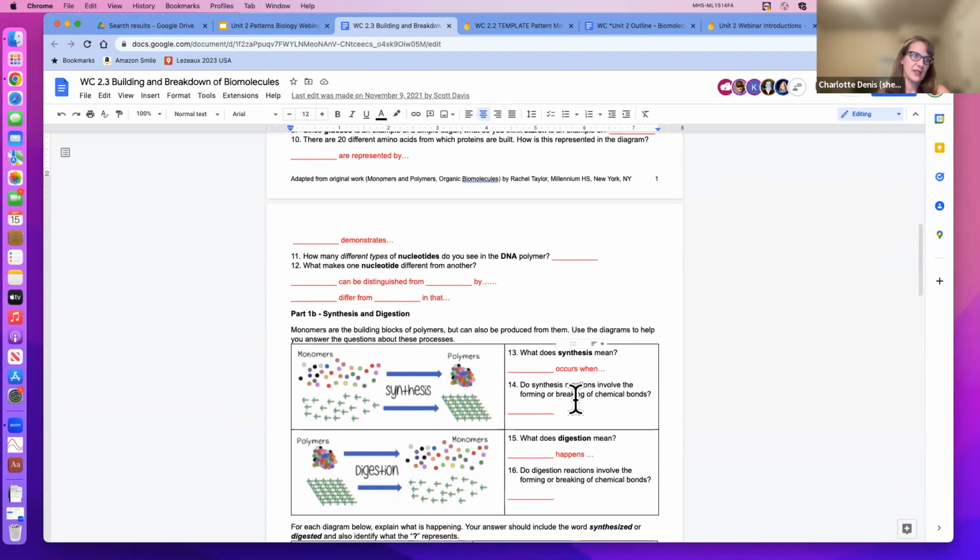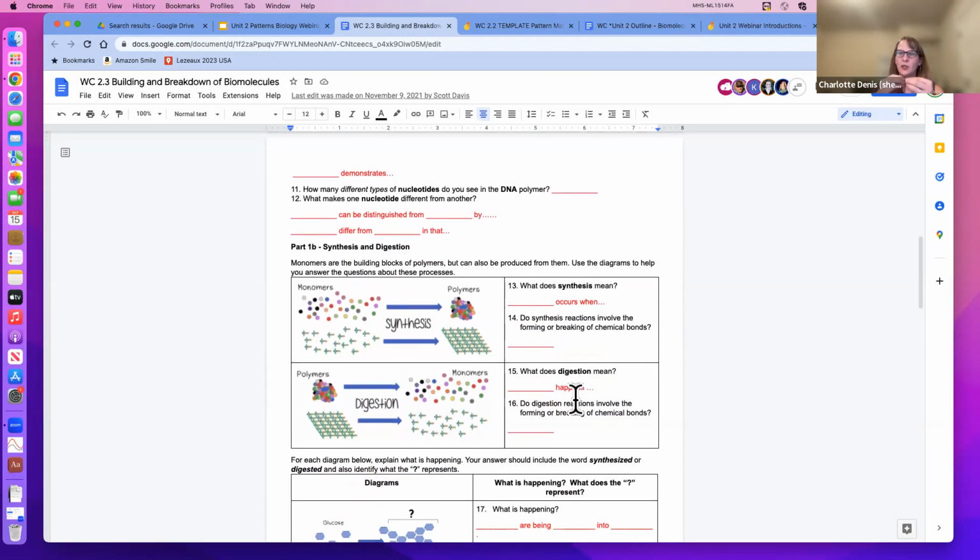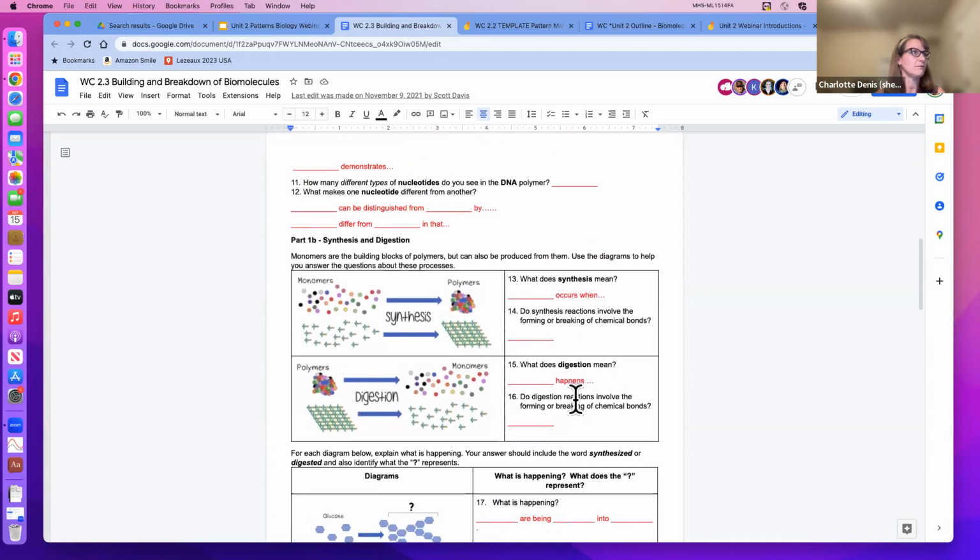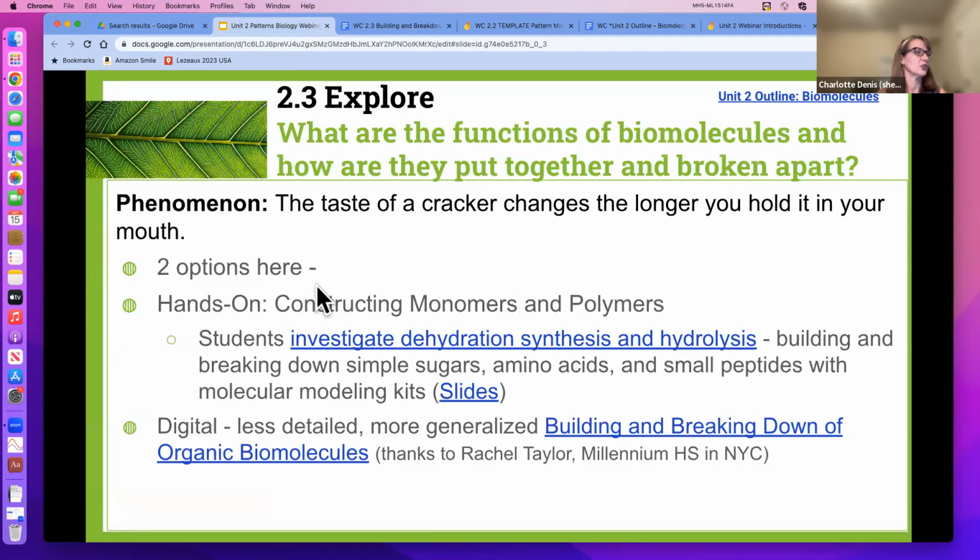So you can see that this is not the same as building molecules, but still gets at the performance expectation to know that carbon atoms and other atoms can be used to build different kinds of molecules, and a huge variety of them. So those are the two options there in 2.3.